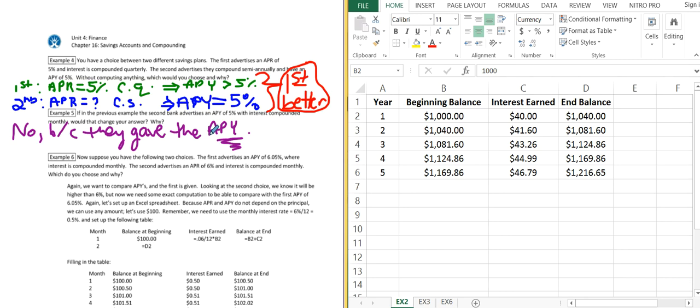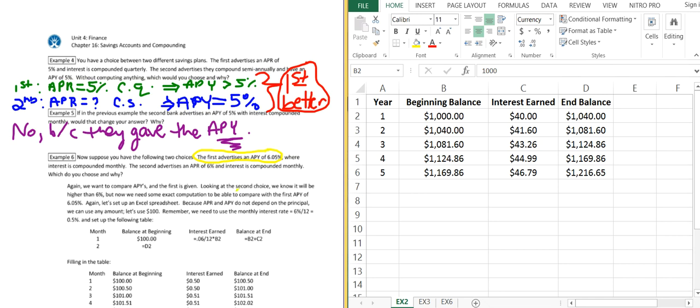Well, this one is going to require that I actually do some computation, because while I know the APY of the first account, on the second one all I really know is that the APY is going to be higher than 6%.